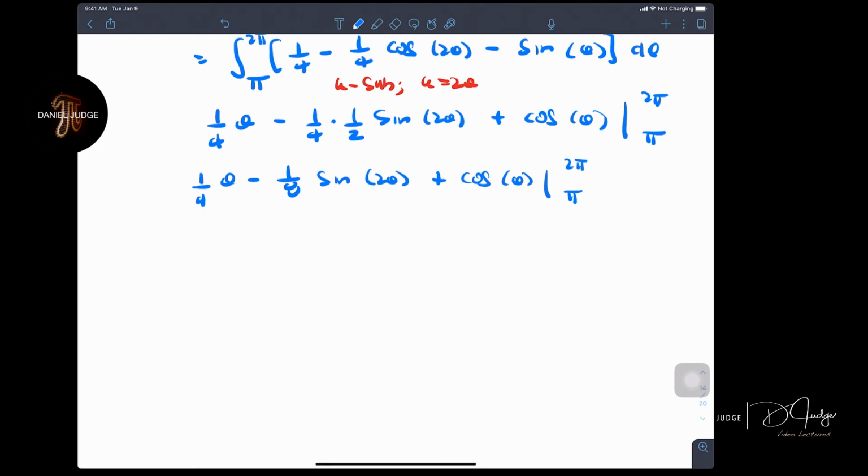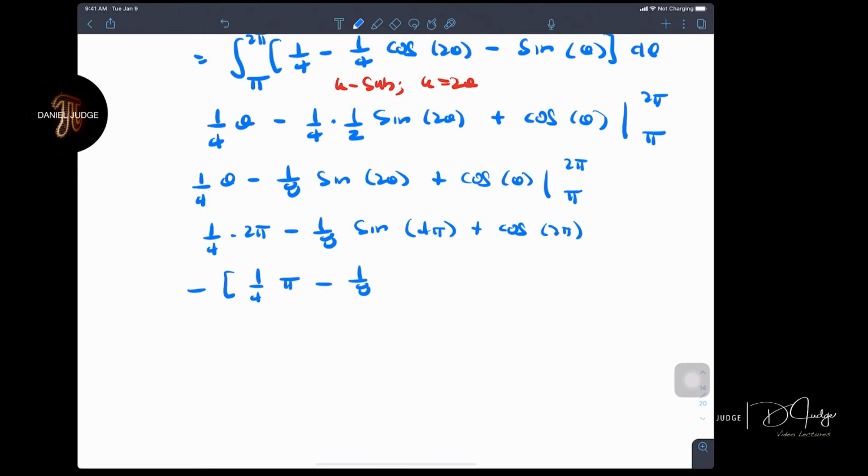Okay, so plug this in. 1/4 times 2 pi, minus 1/8, now double 2 pi, 4 pi, sine 4 pi plus cosine 2 pi, minus 1/4 pi minus 1/8 sine 2 pi plus cosine of pi.